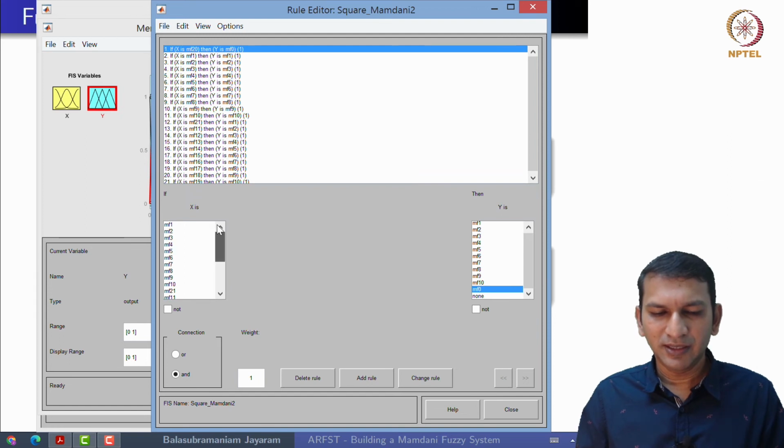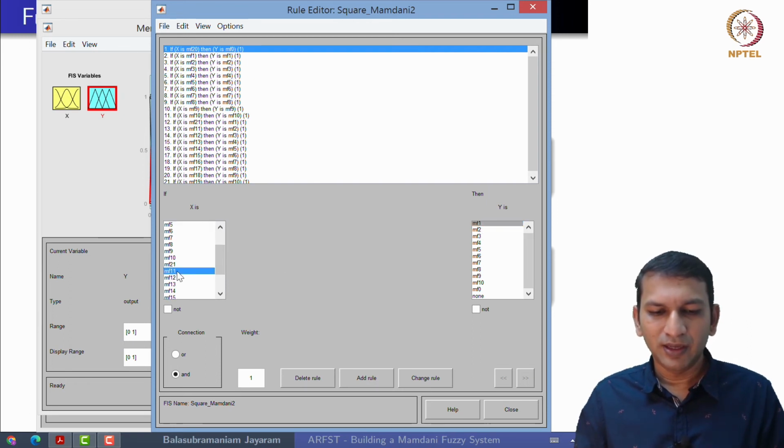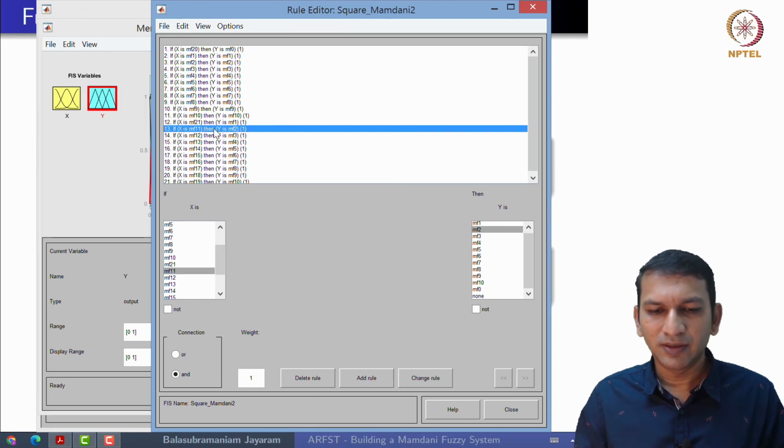If 1 relates to 0.1, then we are relating it to the square of 0.1, and if 11 relates to minus 0.1, we are again relating it to the corresponding membership function of 0.1. So this is how we have done this.